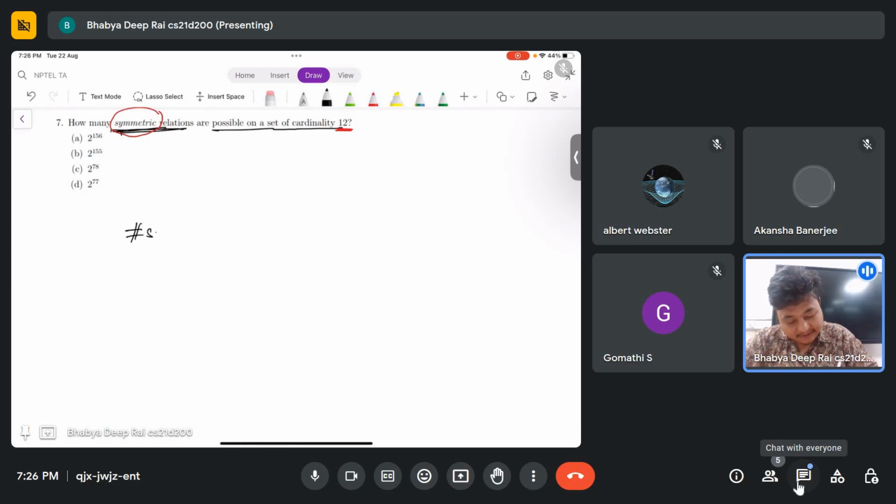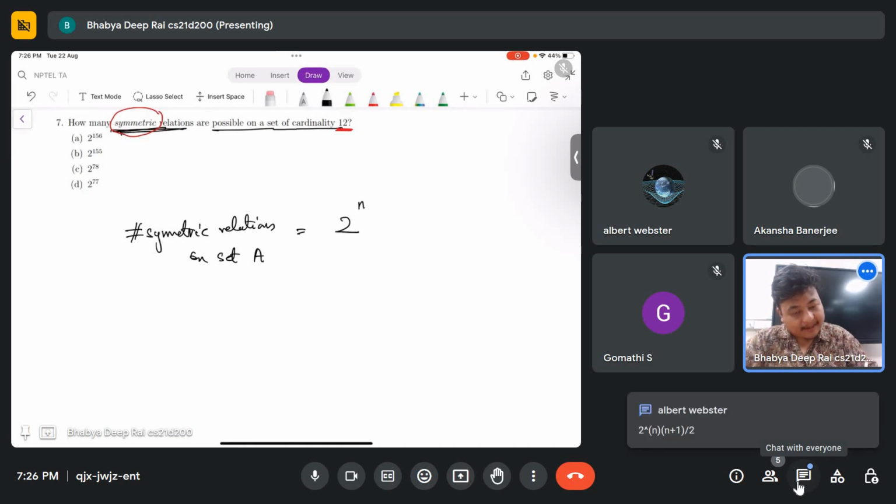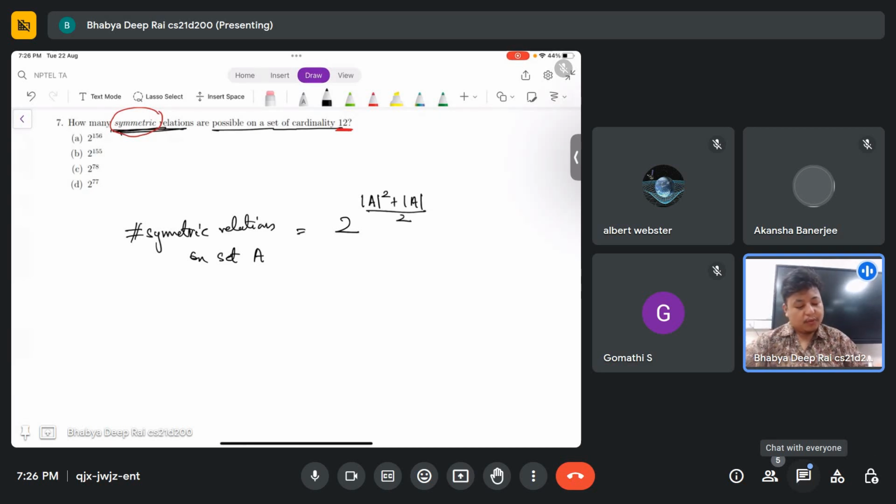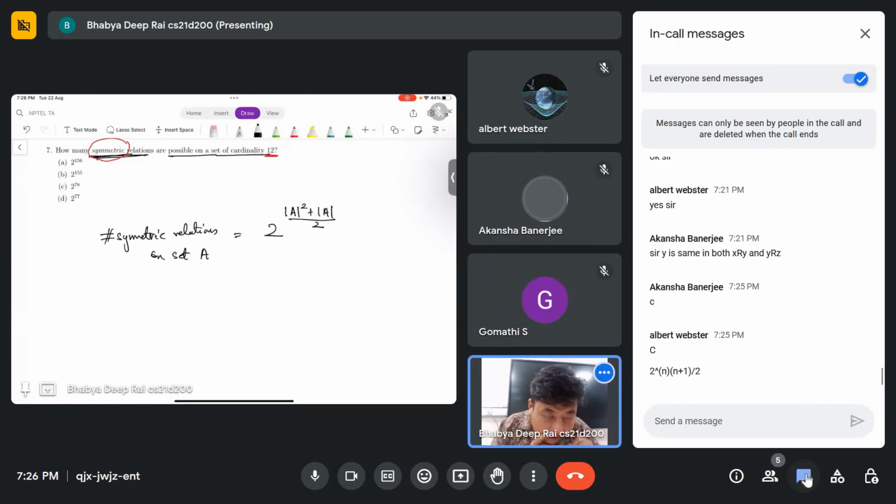The formula for the number of symmetric relations on set A, you might have seen it in the lectures, is 2 power (size of A squared plus size of A) divided by 2. I think this is correct. Yeah, Albert, which is 2 power n times n plus 1 divided by 2.